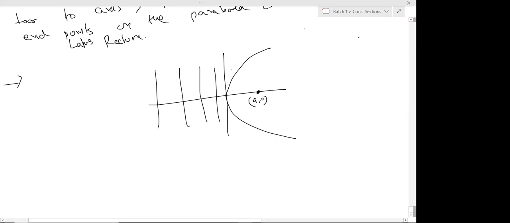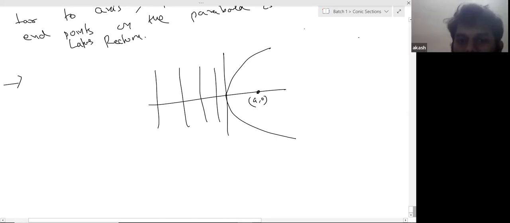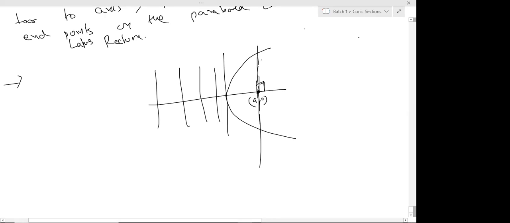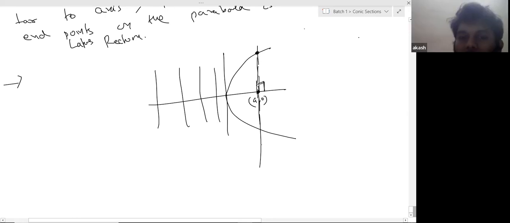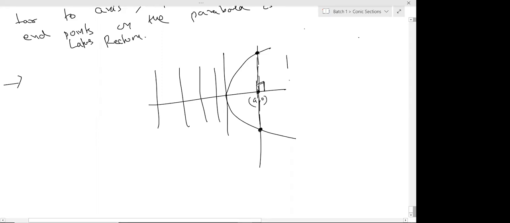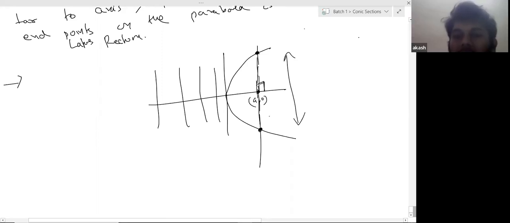But it should pass through the focus. So a line that passes through the focus and is perpendicular to the axis, something like this. But having endpoints on the parabola, that means this is a line segment. That is why we are calculating the length of latus rectum.